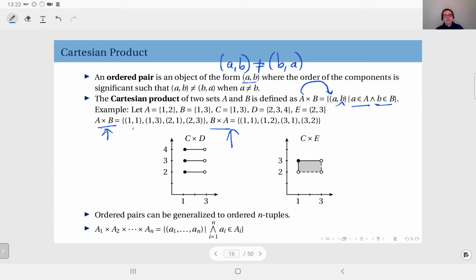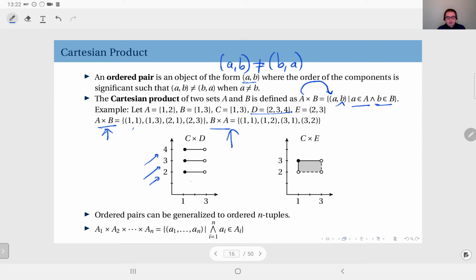It gets a little bit trickier when intervals are involved. For instance, the Cartesian product of C and D. D is a set with just 3 elements, 2, 3, 4. But C is a half-open interval from 1 to 3.